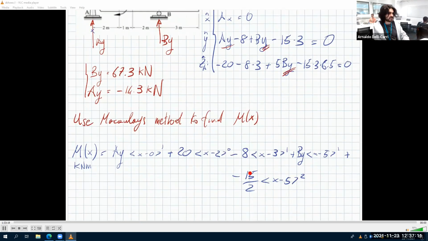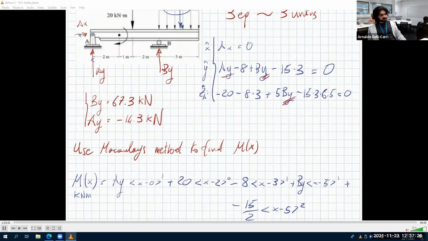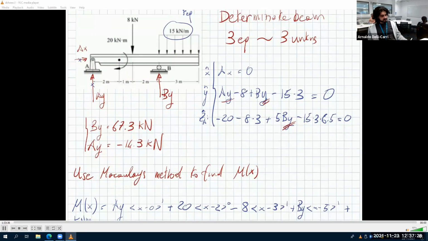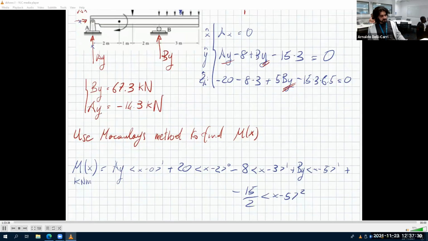See, this is kilonewtons per meter times meter squared gives kilonewton meters. Everything checks out. This is found in the tables, w0 divided by 2. And since this load goes until the end of the beam, there is no need for the fake load, remember?